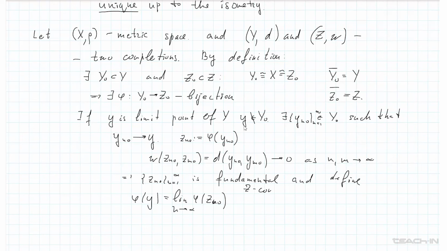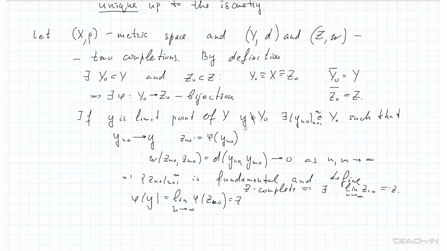Z complete. So there exists the limit of z_n, and we define it as, for example, z. So we can define the element z as the image of element y from space Y.